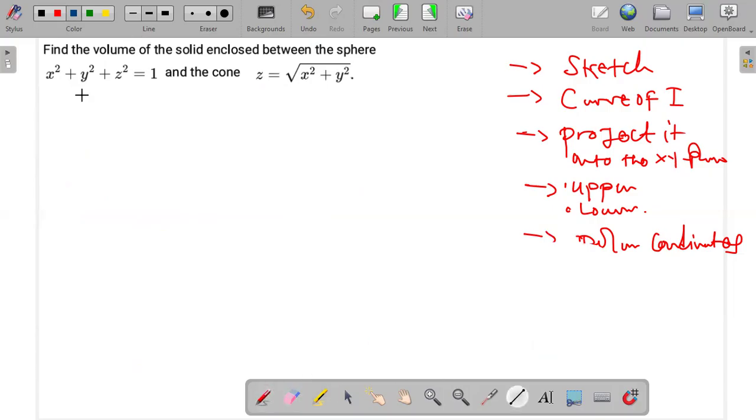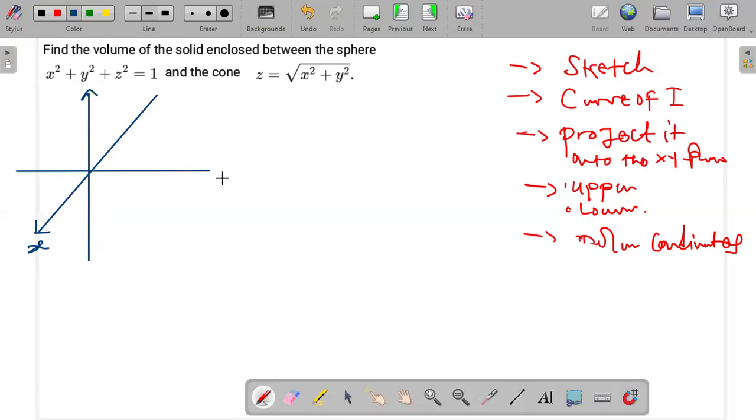Okay, so let me draw my axis. So this is my Z, then I have my Y. Okay, and then I have my Z. X, Z, then Y. So the sphere that I wanted to draw is this one here.